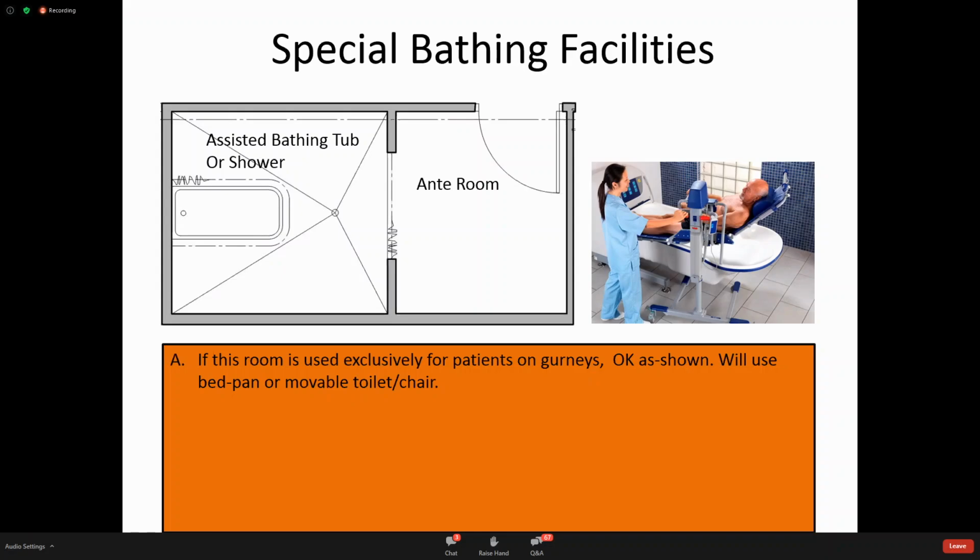So code requires, if you have a shower room, you have to have a toilet and a lavatory there in that room. And that one, if you don't catch that nuance, you can stumble into it and not realize it. And suddenly the building officials are going to tell you, oh, no, you need to make this twice as big as it is now. So that's that one.